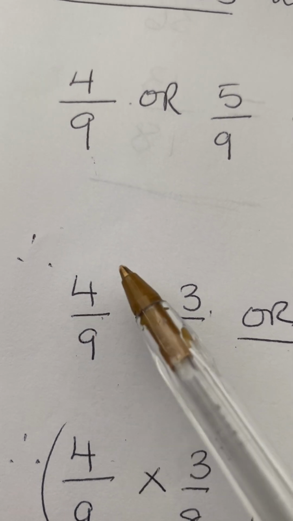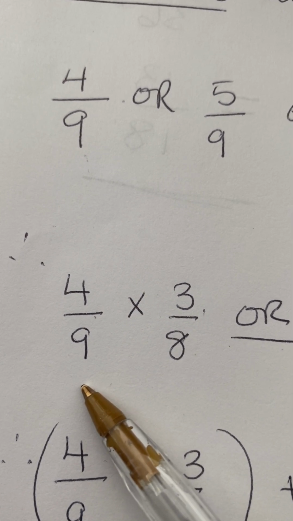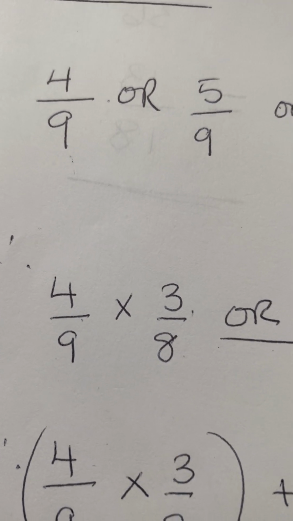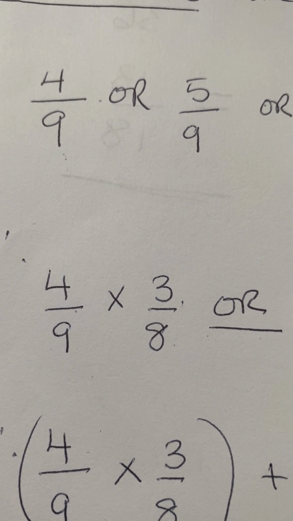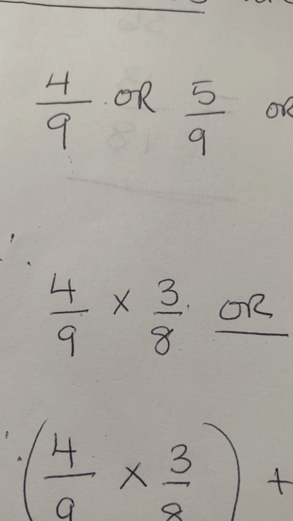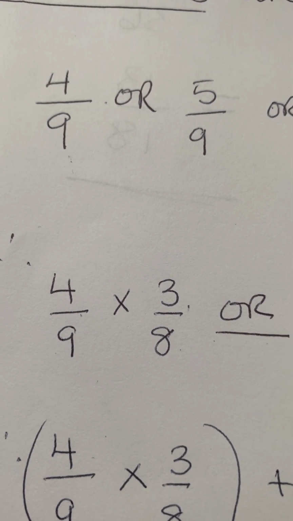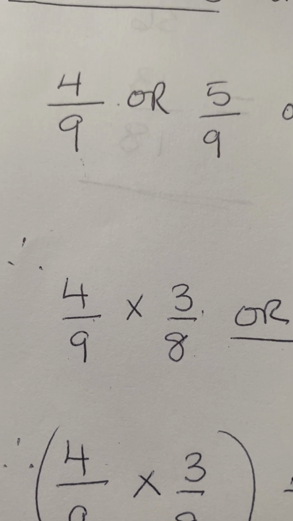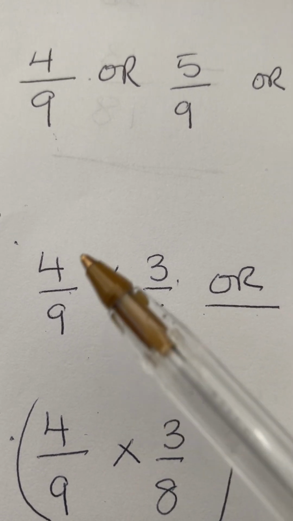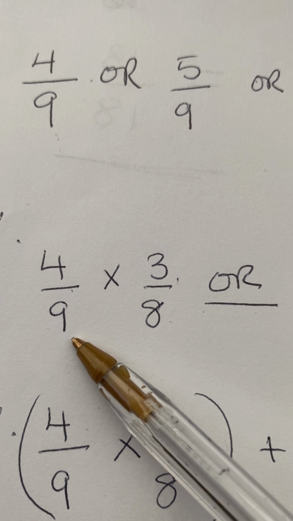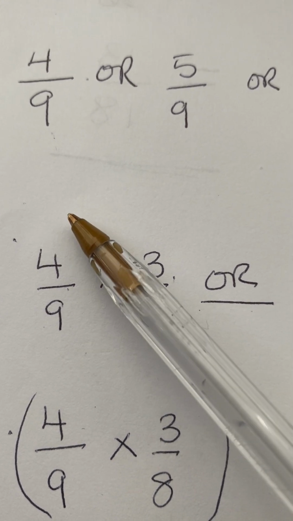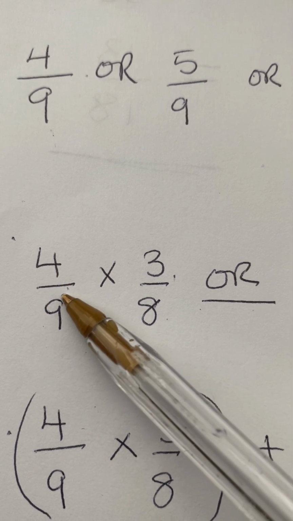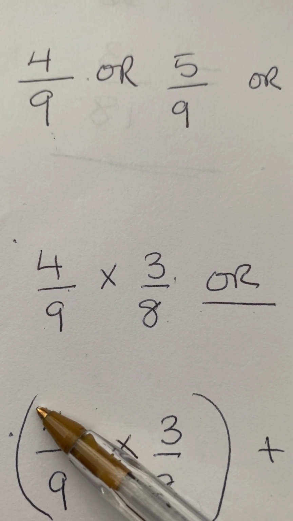So you can have 4 over 9, the first pick. They said at least one of them should be blue, so both of them can be blue, but you need to pick one blue at least when you pick it twice. So 4 over 9, when you have 4 blue and 9 counters.